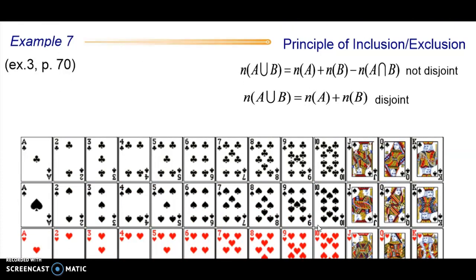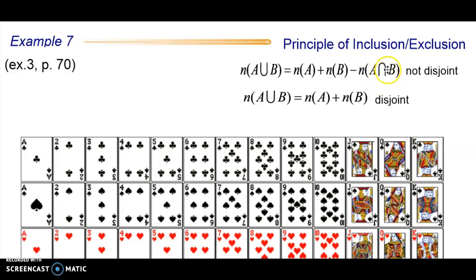This example is going to take us back to Unit 1 with set theory, where we were introduced to the principle of inclusion and exclusion. We found the number of elements in the union of 2 sets is the number in set A plus the number in set B minus the number in that overlap, the intersection.